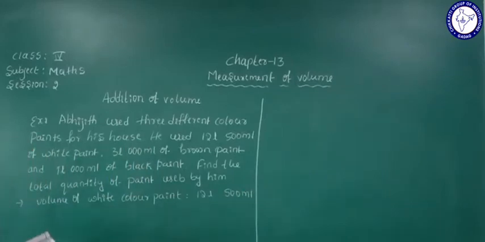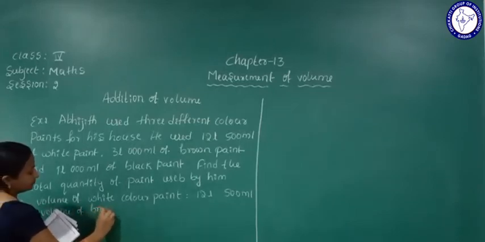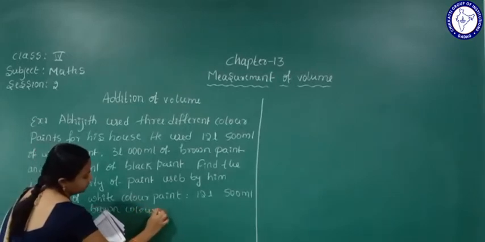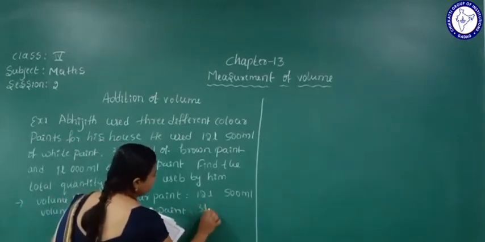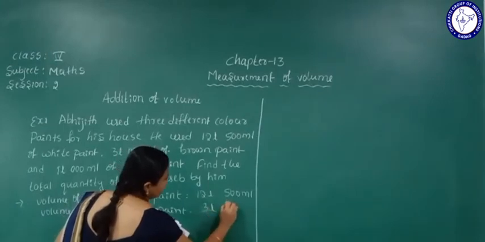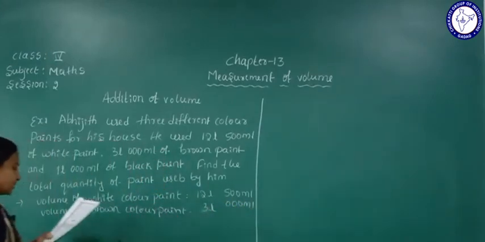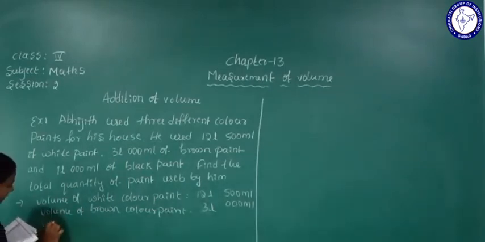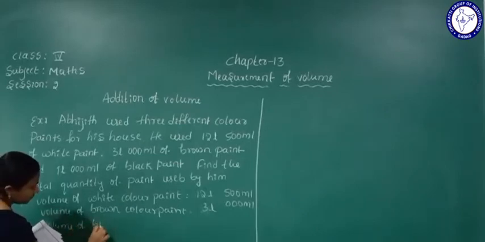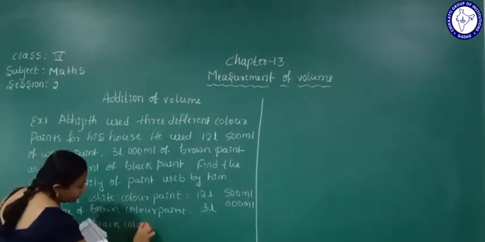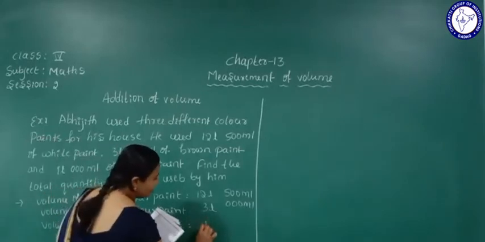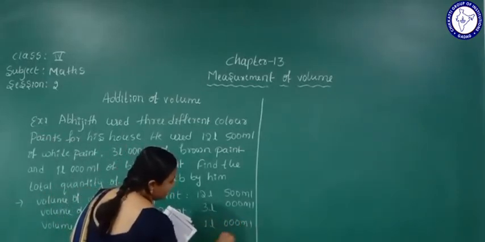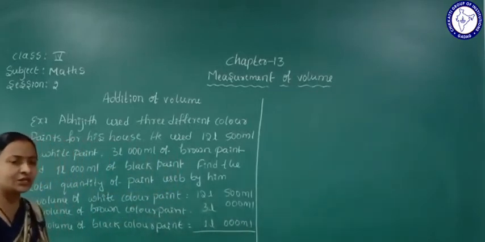Volume of brown paint is 3 liter 0 ml. Volume of black paint is 1 liter 0 ml.